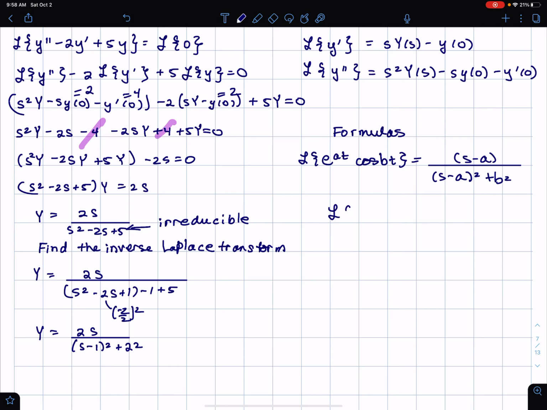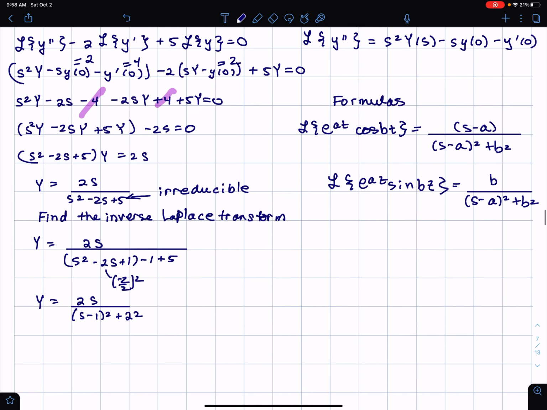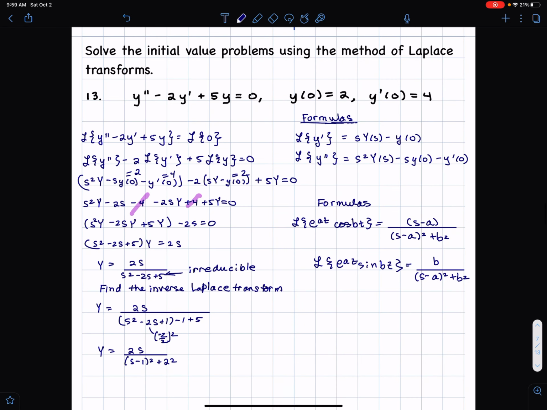And then the Laplace transform of e to the at sine bt is equal to b over s minus a squared plus b squared. So all right, there we go.